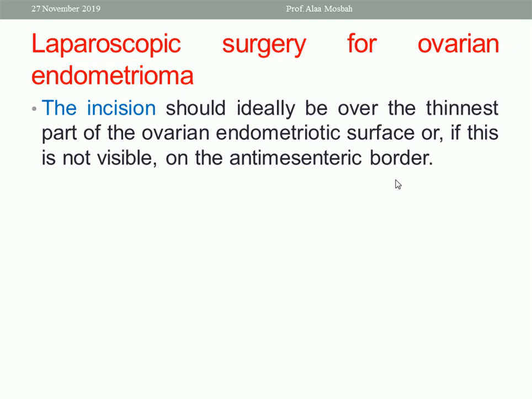The incision in the cyst should ideally be over the thinnest part of the ovarian endometrioma surface, or if this is not visible, on the anti-mesenteric border, so away from the hilum, away from the vascularity of the ovary, the main vessels.